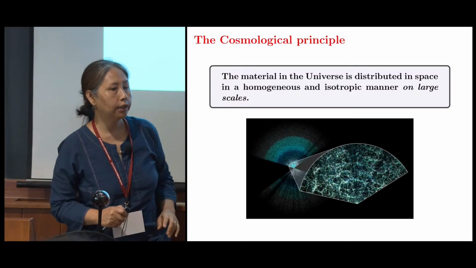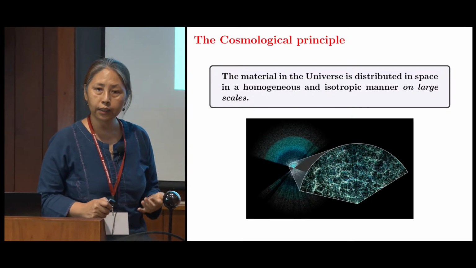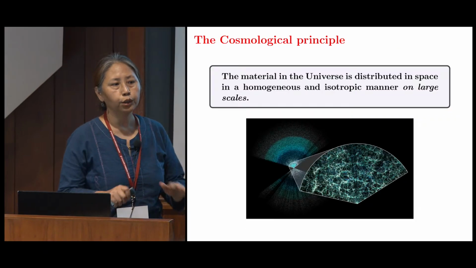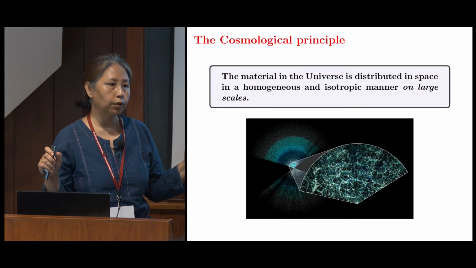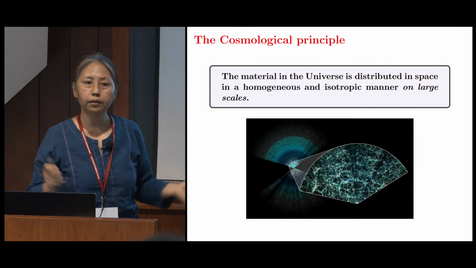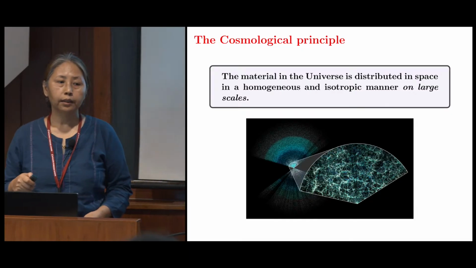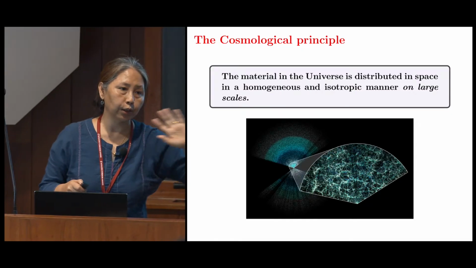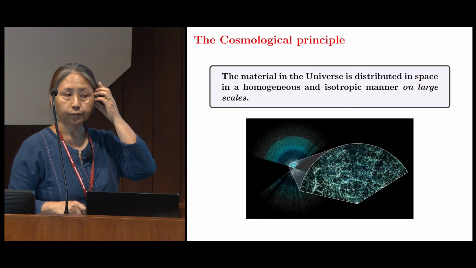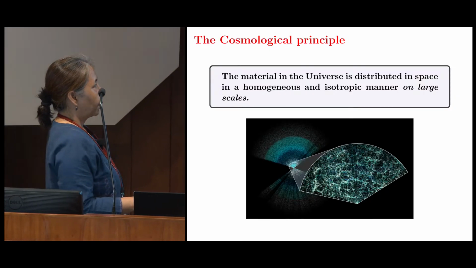People do that, there are research papers which calculate these things, and the usual ballpark number that comes out is about 100 megaparsec. Above that, you can safely assume that the distribution is isotropic. So we are really talking about very large scales.